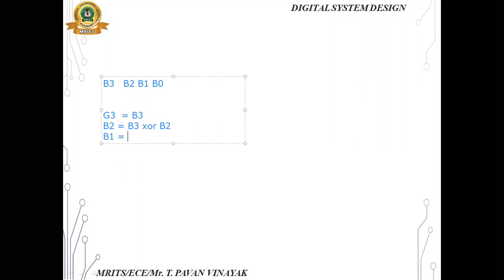G1 is B2 XOR B1. G0 is B1 XOR B0. This is the binary to gray conversion. Okay, these are the expressions.